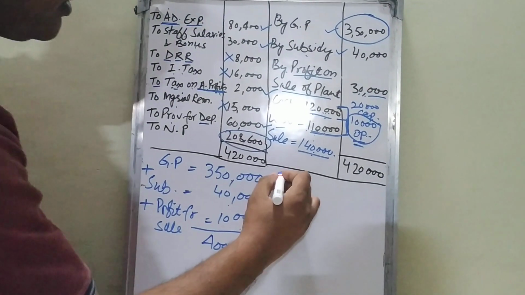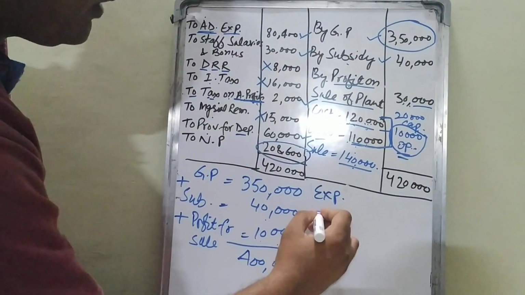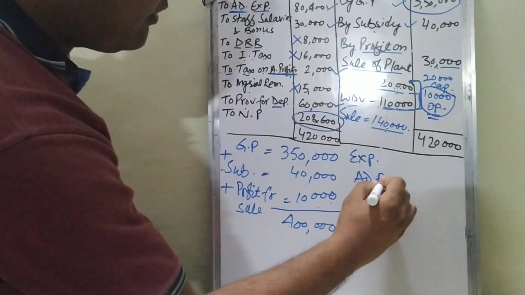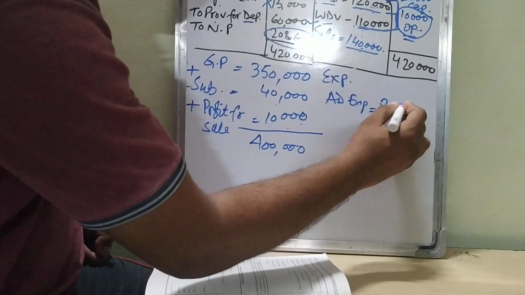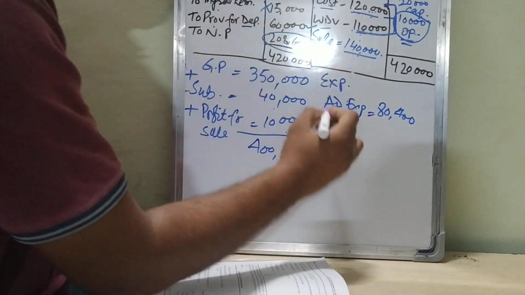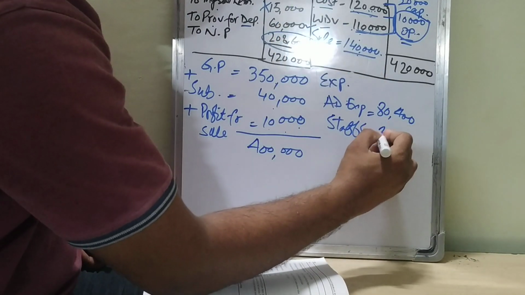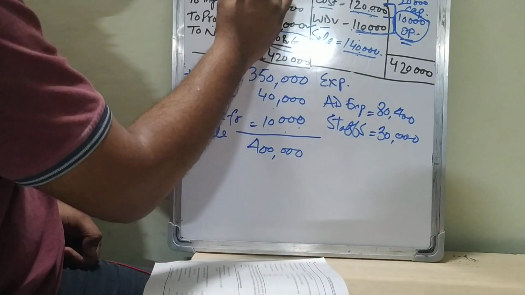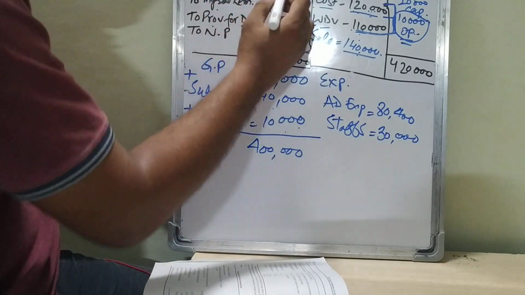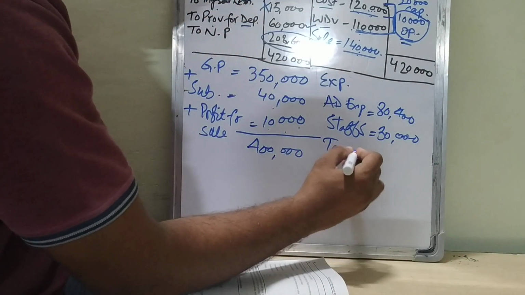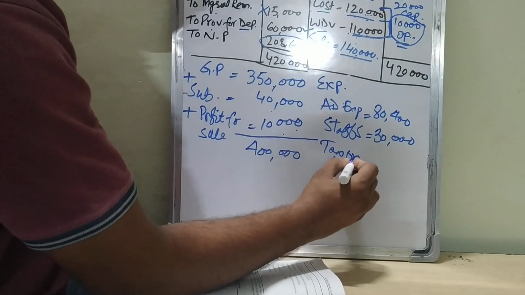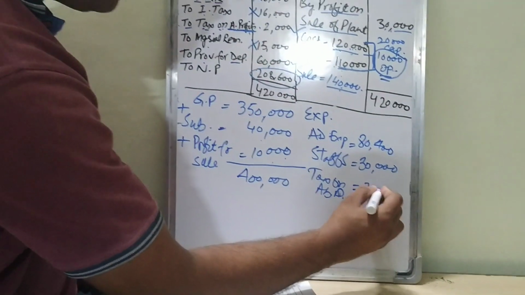So identifying our expenses, number one, administration expenses, that is 80,400. Then staff salaries, this is 30,000. Then tax on abnormal profits, this is 2,000.